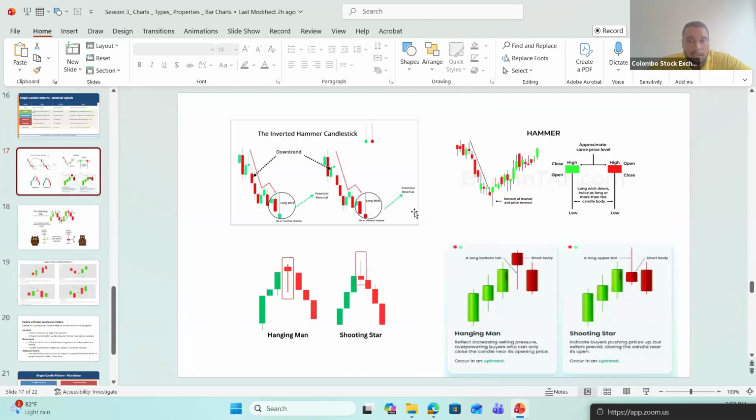Like that, here also you see a lot of selling from this point, but the buyers can actually hold that selling pressure. That's why this body formation right here.